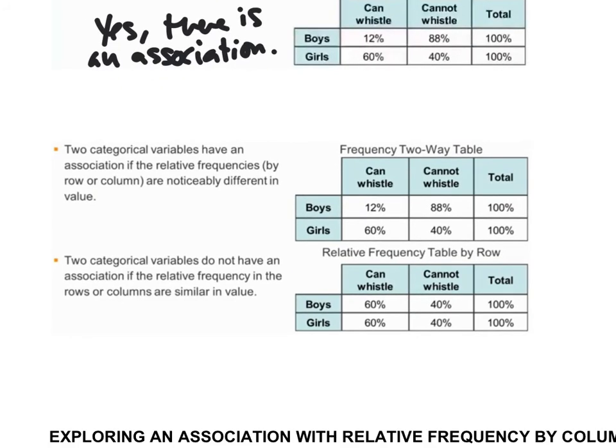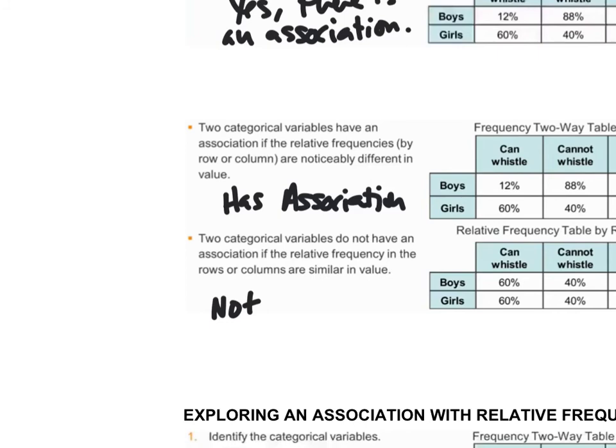Let's take a look at the next part. This helps explain that this relative frequency table has association, and this table does not have association.